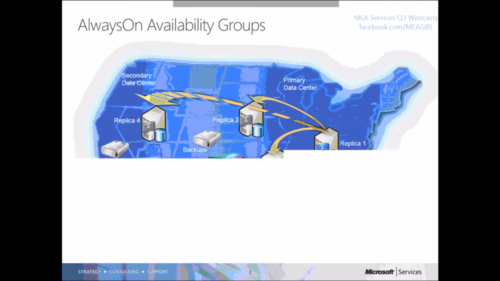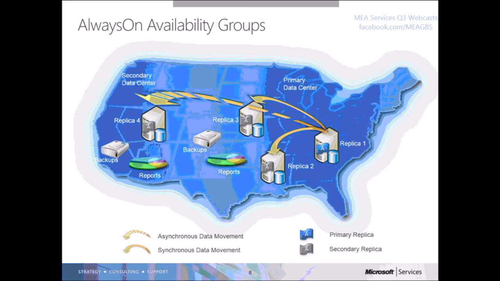Now here is a quick example of an AlwaysOn availability group. Here we have replica 1, which is the primary replica, and then we have replicas 2, 3, and 4, which are going to be the secondary replicas. You would notice that replica 1 replicates to 2 and 3 using synchronous data movement, and we use asynchronous data movement to replicate to replica number 4.